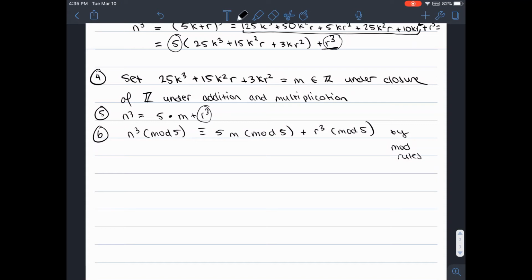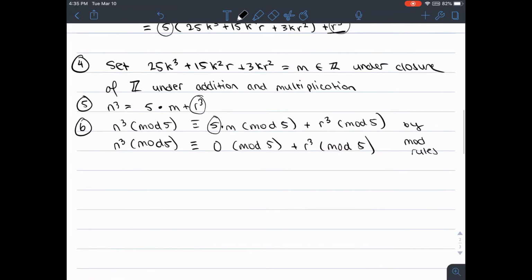Developing this, we can say that n cubed mod 5 is equivalent to 0 mod 5 plus r cubed mod 5. Why is this? Because there's already a 5 here, and the mod 5 of anything that is a multiple of 5 is just 0. Therefore, we know that n cubed mod 5 will simply be equivalent to r cubed mod 5.